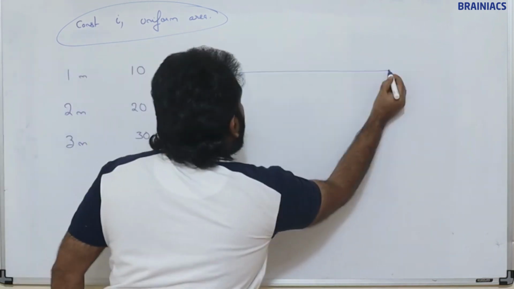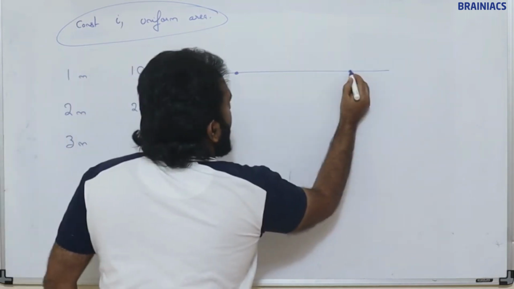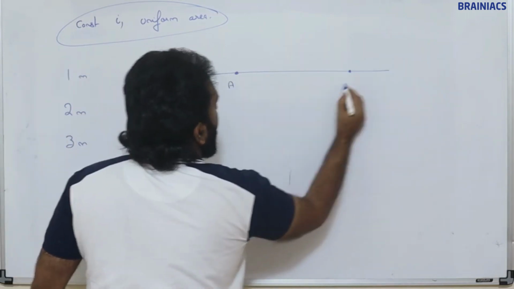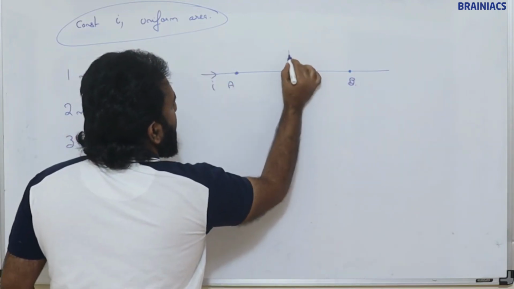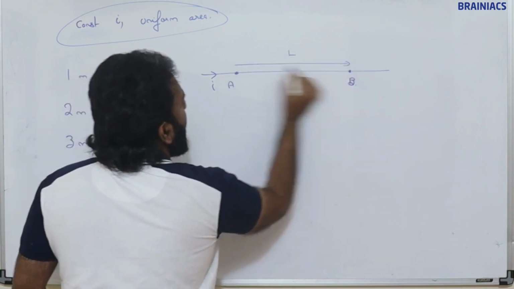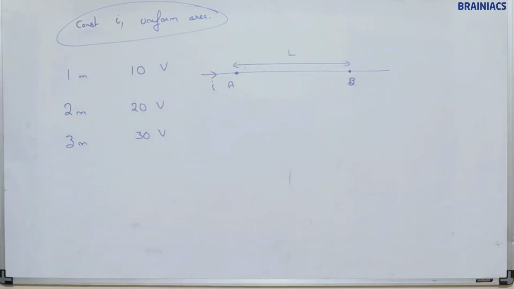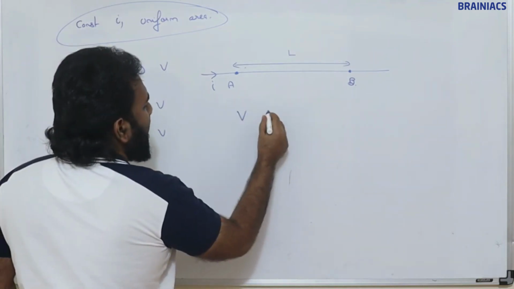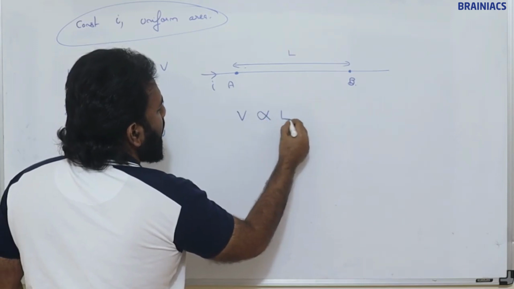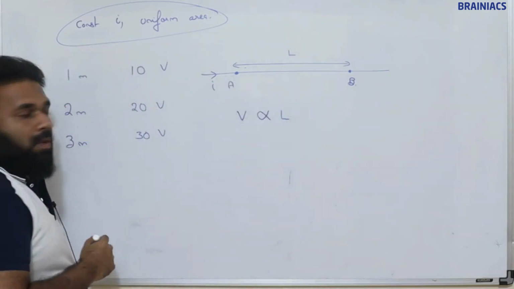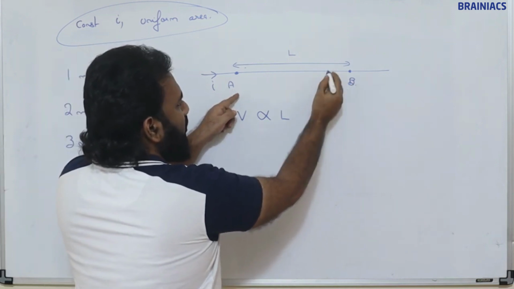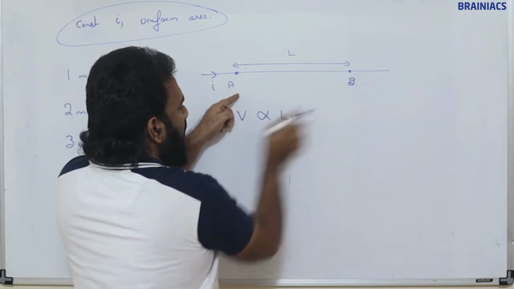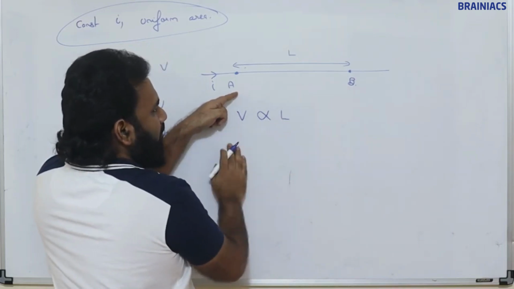Suppose we take a wire and mark 2 points A, B. Current I is passing through this. This is the length of A and B. Now here we can write that voltage is proportional to this length L. If we change this point to another point which is lesser, this voltage also will come down.